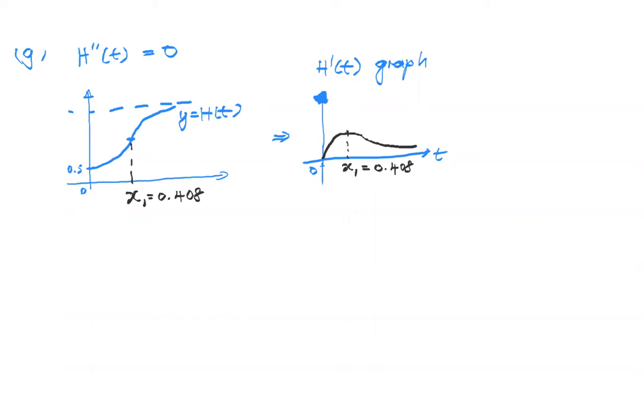So from there, now I can answer the question. They say, using your graphic calculator, determine the value of t for which h double prime t equal to 0. Okay, so I determine it. What does this point tell you about the rate at which the height is changing? Inflection point, this is a non-horizontal inflection point.